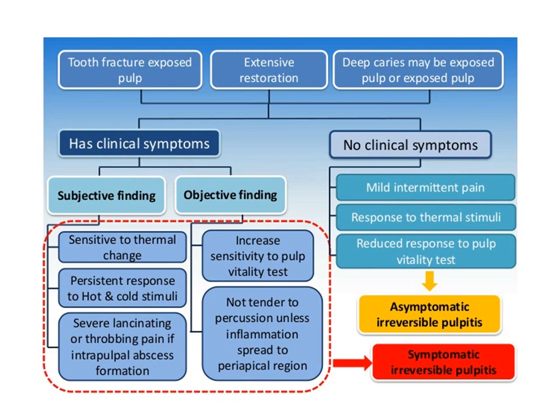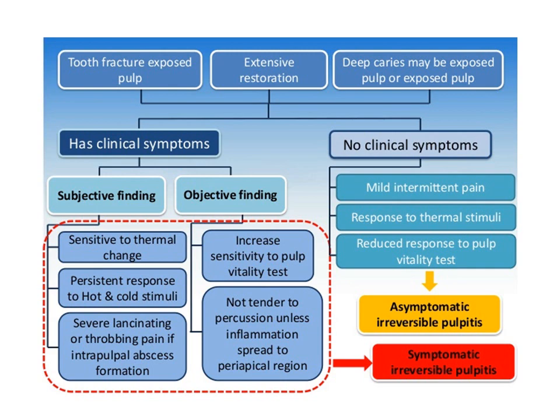The objective findings are increased sensitivity to the pulp tests that we do. It is not tender to percussion unless the inflammation has spread to the periapical region.